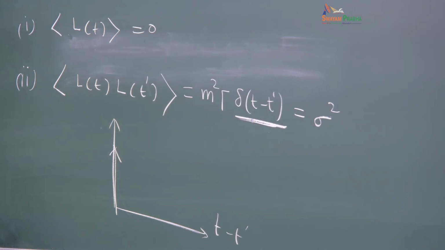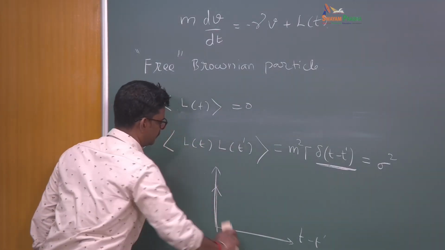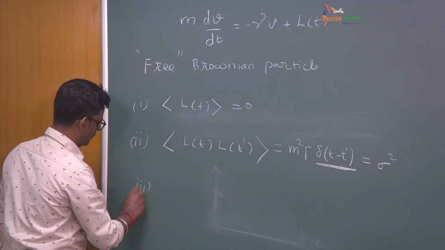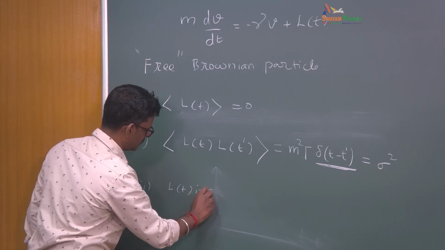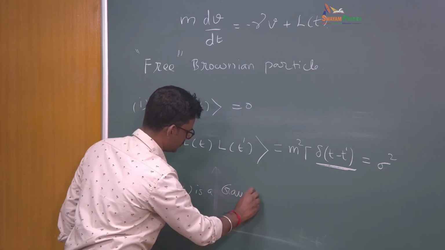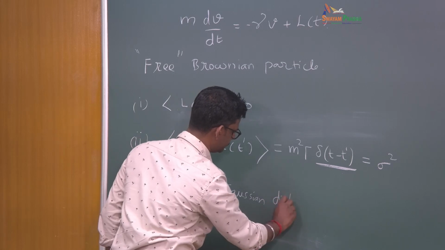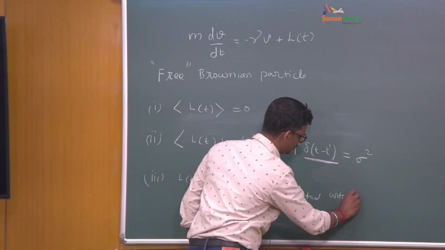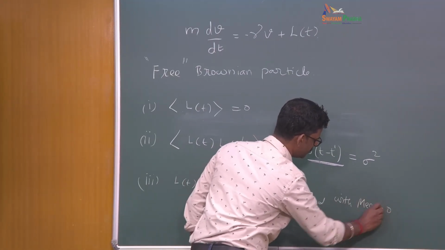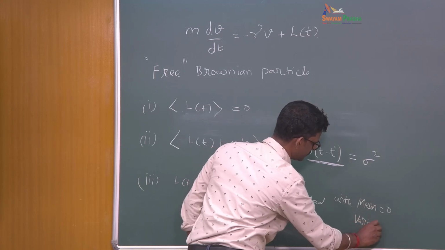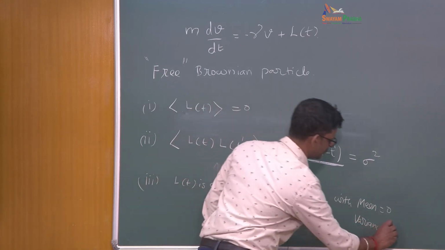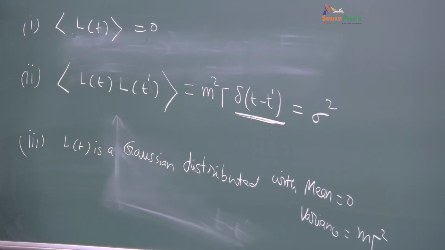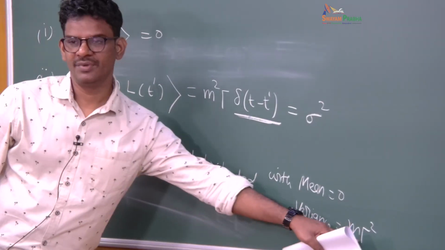So L of t is Gaussian distributed with mean 0 and variance m square gamma. Also remember that in the previous discussion we qualified what this m square gamma is.